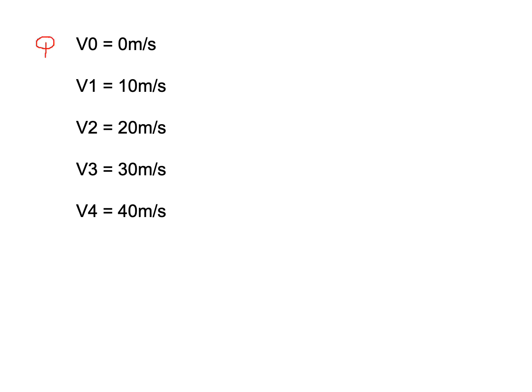At time t equals 0 seconds, its initial speed is 0. I will write t1, t2, so at every position the time increases by 1 second. t2 is 2 seconds, t3, t4, 5 seconds. So you can calculate the acceleration between any two events.